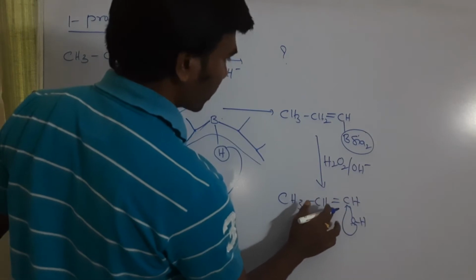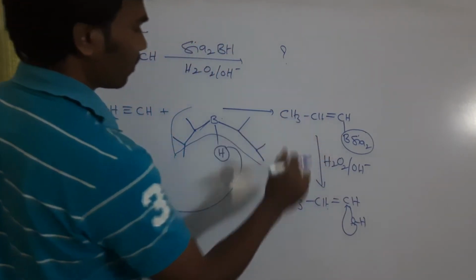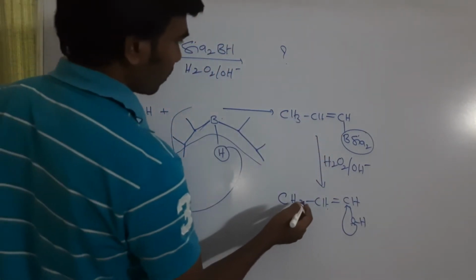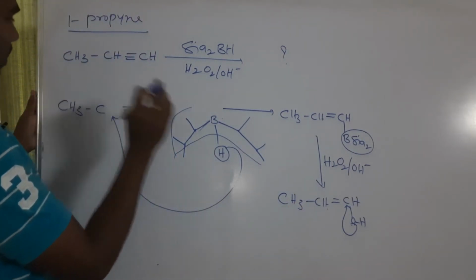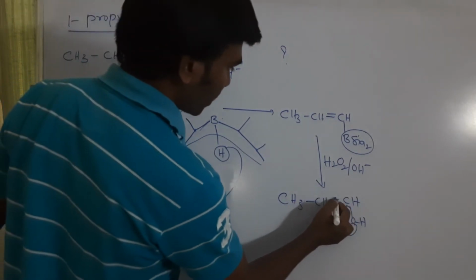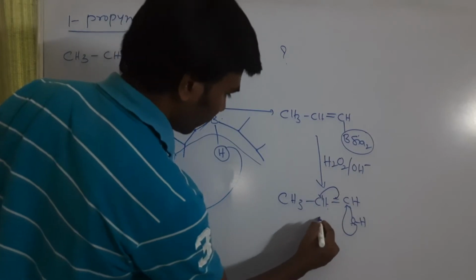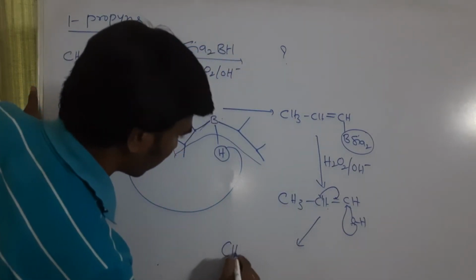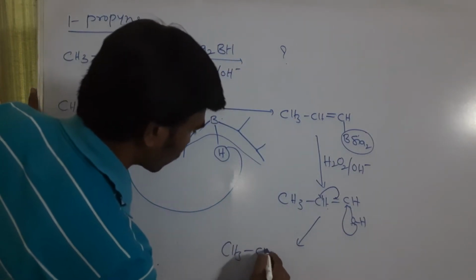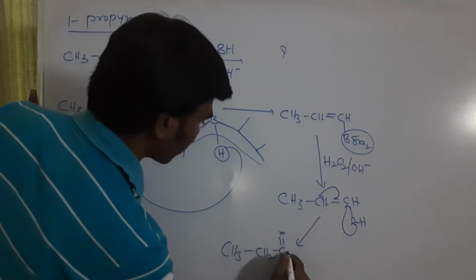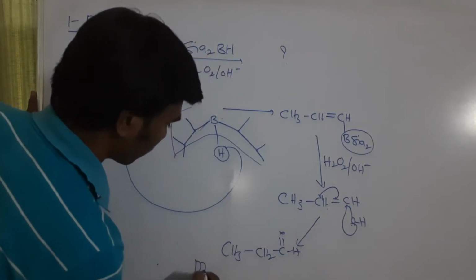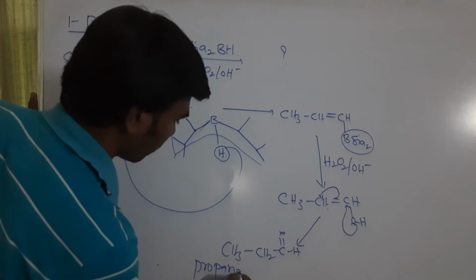Here only one hydrogen will come, right? Here also hydrogen is not there, so it will shift on this carbon. Then we are going to get CH3, CH2 and C double bond OH. The name of this one is propanol.